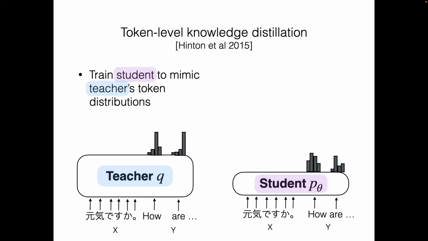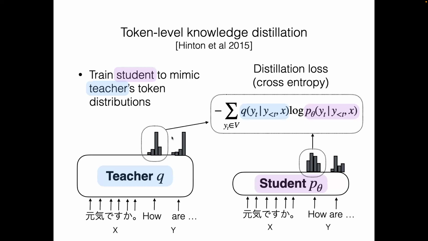Let me talk about two ways to do this. The first one is at a somewhat low level, maybe you could think of it. Here we look at each next token distribution and train the student to mimic the teacher's next token distribution. Let's say we have some data, like some translation data. Then our teacher gives us these next token distributions, and you can train the student to mimic what this teacher is doing.